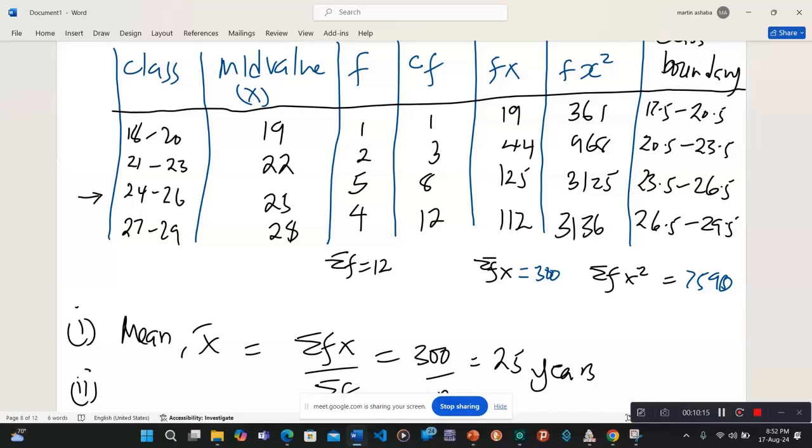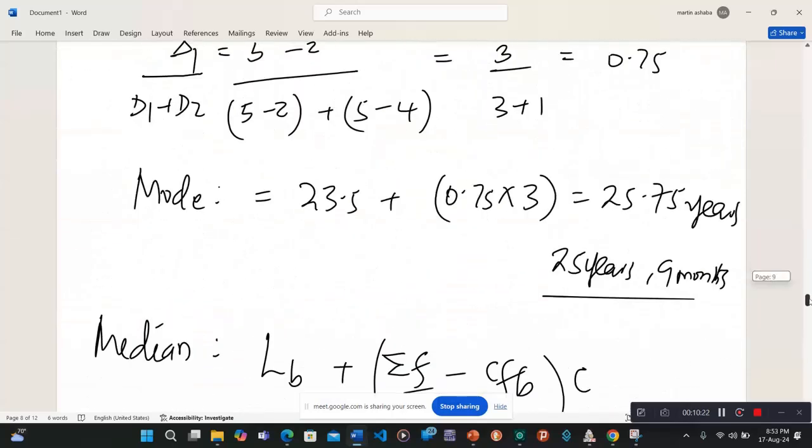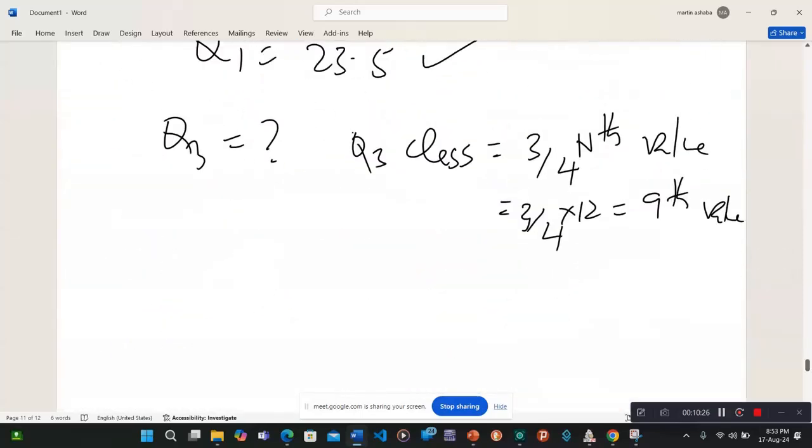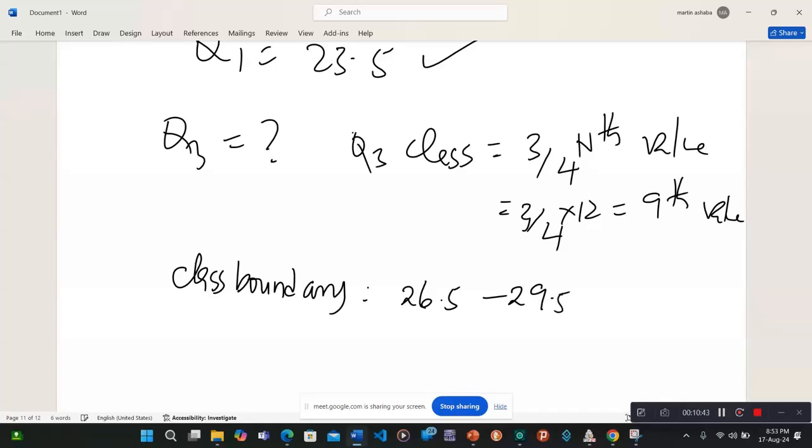Our third quartile of the data set lies in 27 to 29. So the class boundary, if we apply the 0.5 minus and plus, is 26.5 to 29.5. So c would be 3.